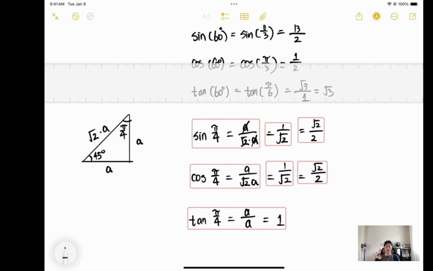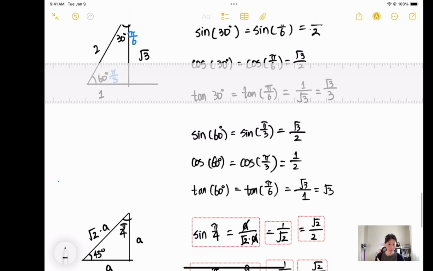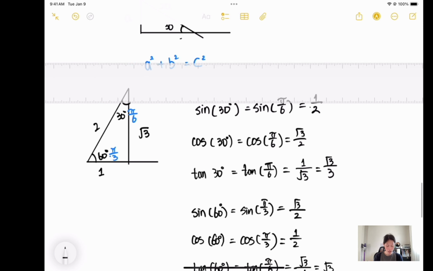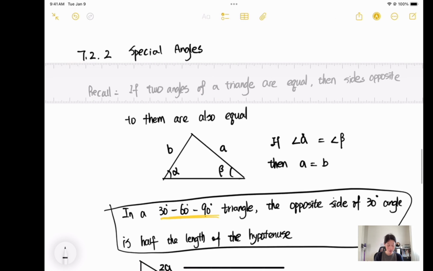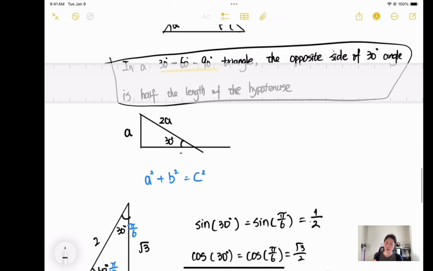When I was a student back in China in high school, we were required to memorize all of this. But now I don't want you to memorize what tangent 45 degree equals, or sine 60 degree, or sine pi over 3 equals. No, all I want you to do is be able to prove it or show it by yourself by knowing the theorem that we learned before, which is the Pythagorean theorem.